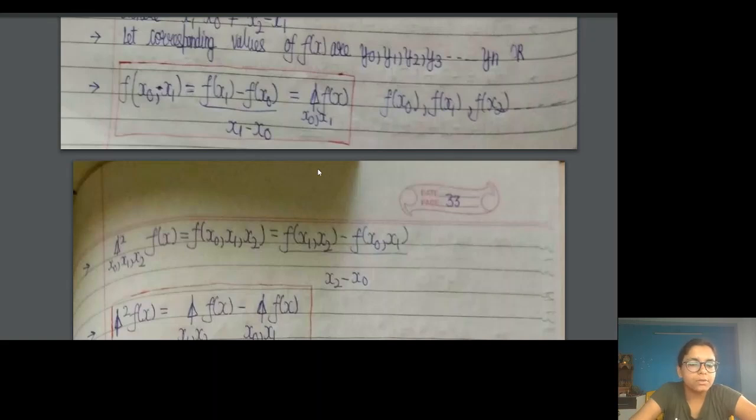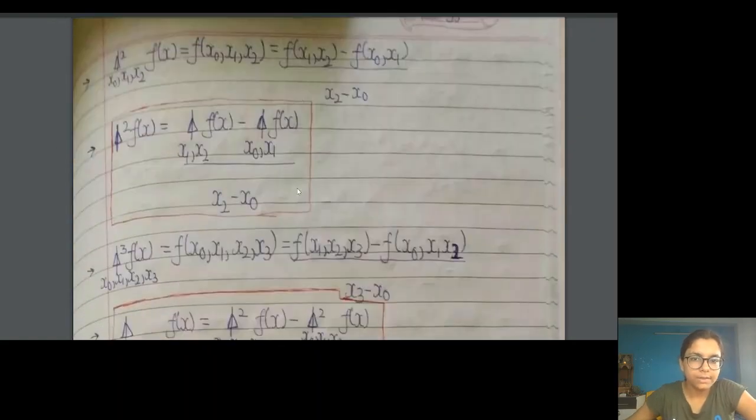Here also, for every divided difference degree, we subtract the first degree values to get the value of the second degree, as you can see here.